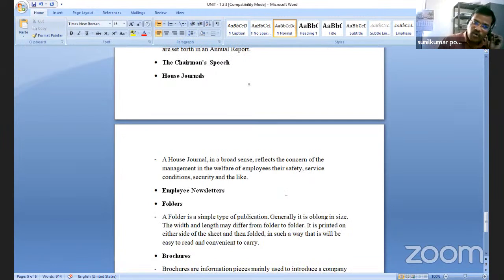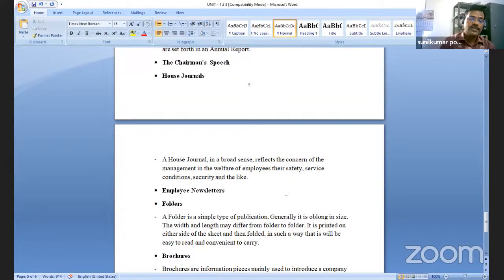Another publication is a house journal. House journal, in a broad sense, reflects the concern of the management in the welfare of employees, their safety, service conditions, security, etc. All this comes under the house journal. So house journal is only for the internal public, means employees only.